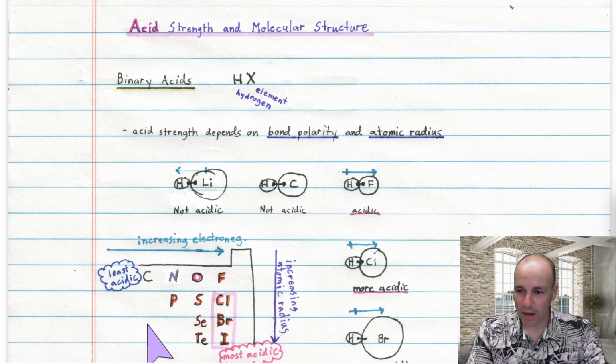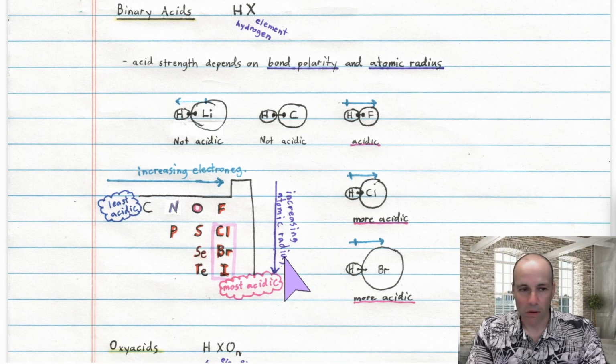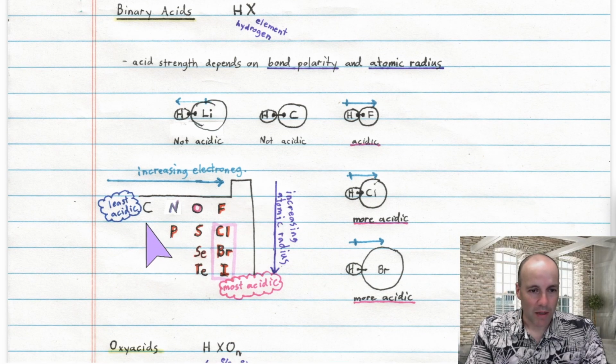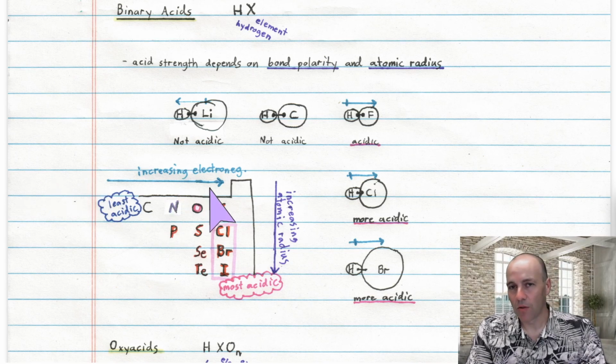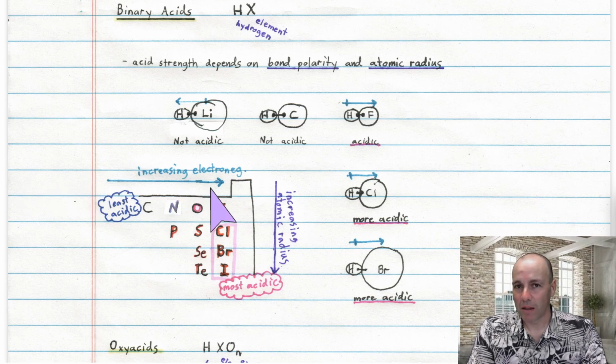Now, the trend in electronegativities, if you remember, is like this. Here's the top right-hand corner of the periodic table, and electronegativity increases going across to the right and going up. So the top right-hand corner is the most electronegative region of the periodic table.